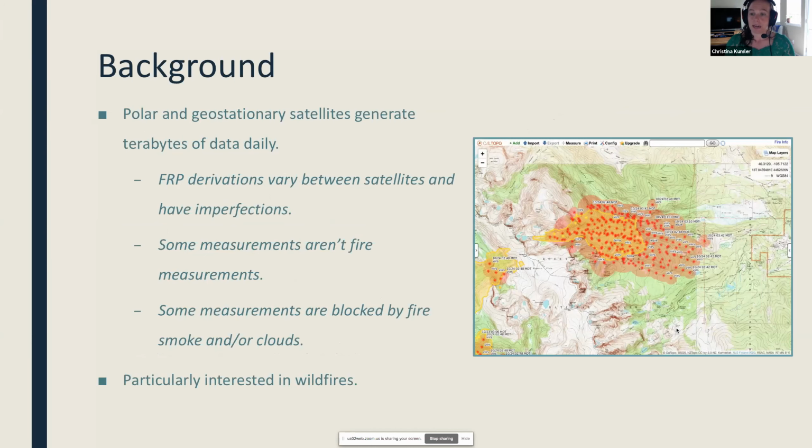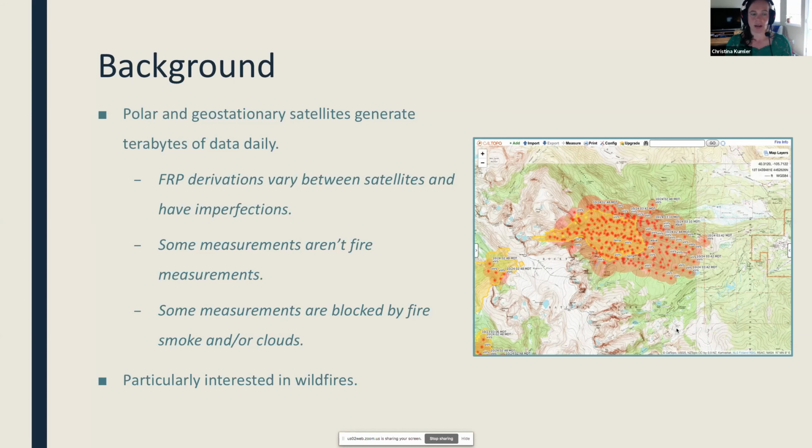So some further background on the measuring of FRP. FRP can be derived from polar and geostationary satellites, and we collect terabytes of those satellite data every day. So FRP ranges in magnitude depending on the satellite it's collected from.